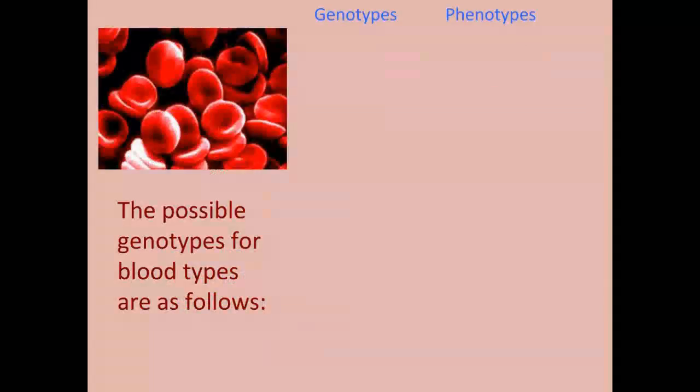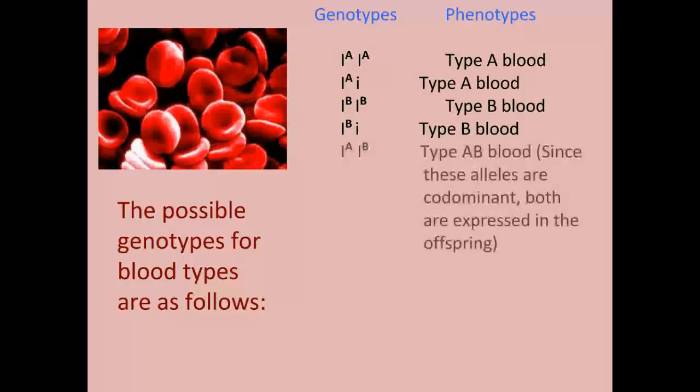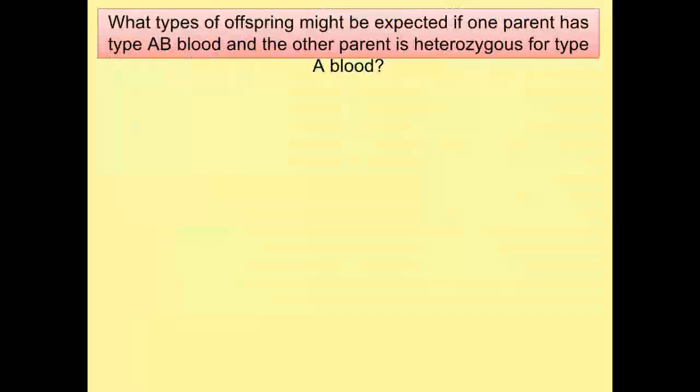So all the possible genotypes for blood, there are quite a few. There are 2 ways that you could have type A blood. There are 2 ways that you could have type B blood. There's only 1 way that you could have type AB blood or type O blood. So our problem here says what types of offspring might be expected if one parent has type AB blood.